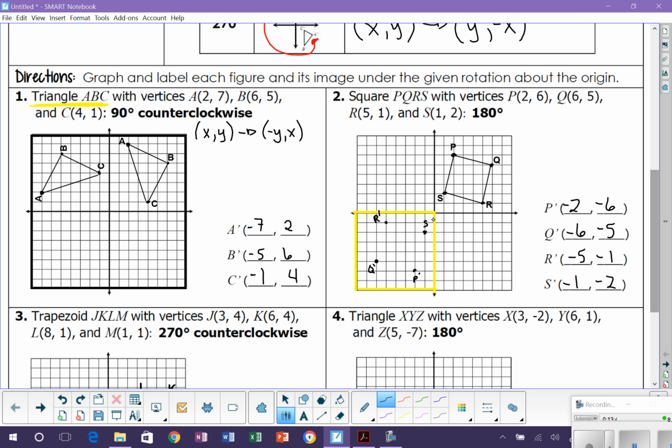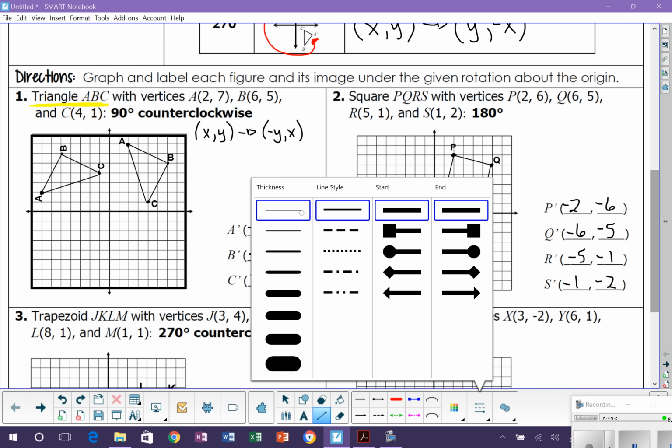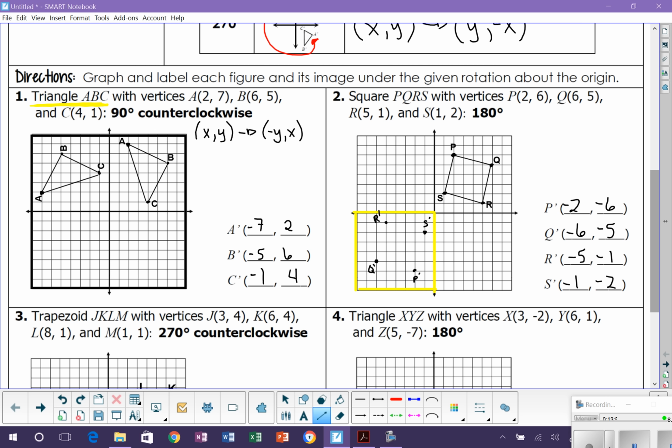And that's S prime. Connect dots. And there you go. Ta-da!